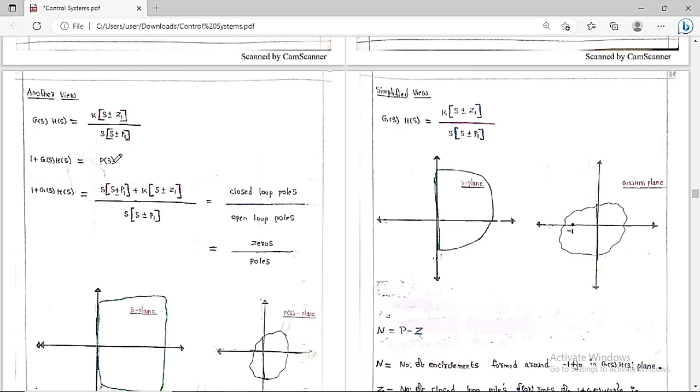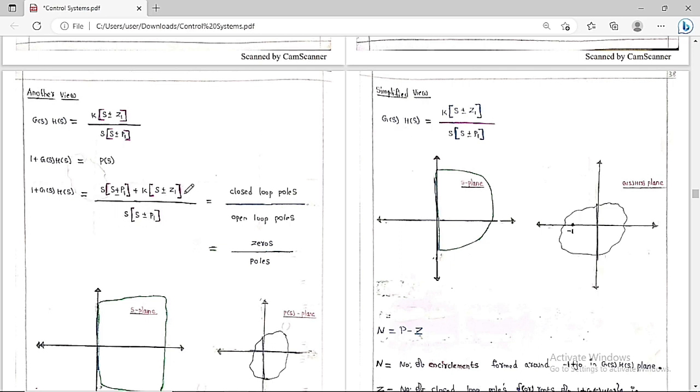So I am going to assume P of S is nothing but the characteristic equation, 1 plus G of S H of S. Substitute and simplify, and we get S into S plus or minus P1 plus K into S plus or minus Z1, by S into S plus or minus P1.